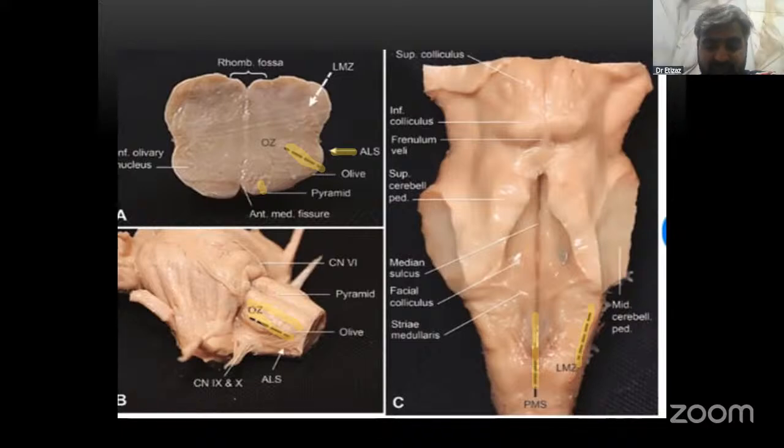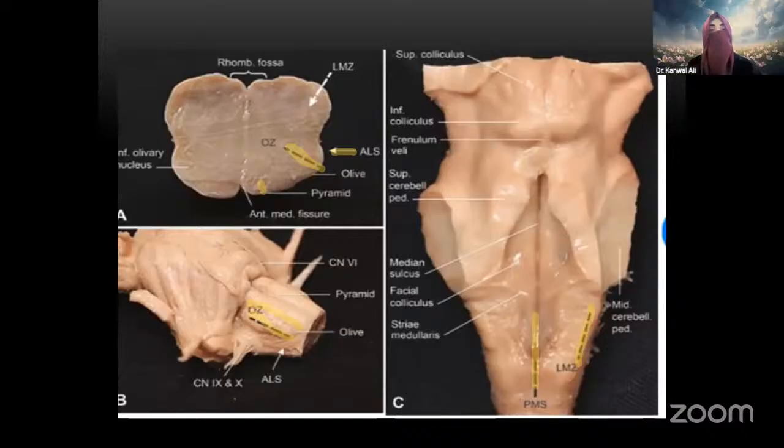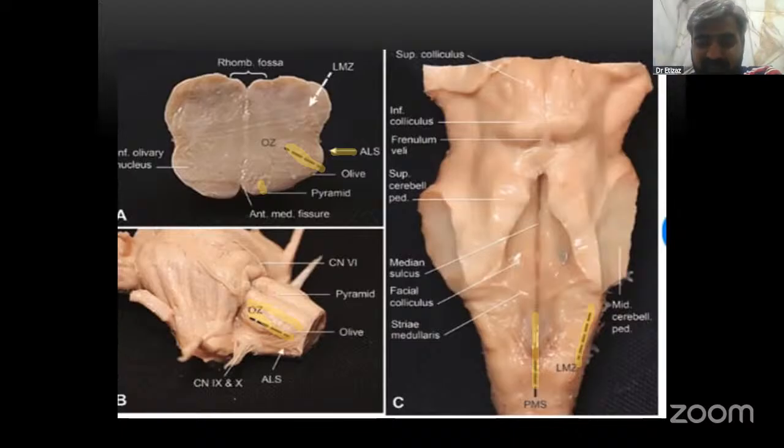If they agree, just leave a poll on the group. Put this question and this suggestion in the group. If they all agree, then tomorrow we will discuss all the approaches of the medulla oblongata.